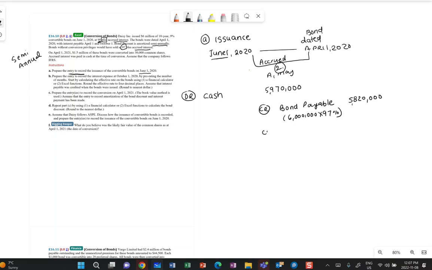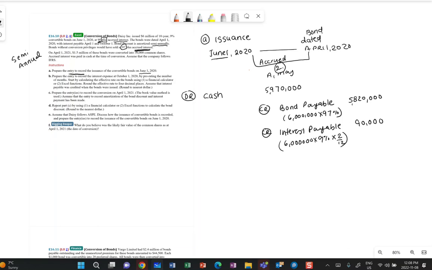That is 5,820,000. And then we have a credit, and the question says it's an accrued interest. Accrued interest is recorded as interest payable, and I did show you how we calculated the accrued interest. Again, it is the face value of your bond multiplied by the coupon rate, 9% times 2 over 12, which gives you interest payable.